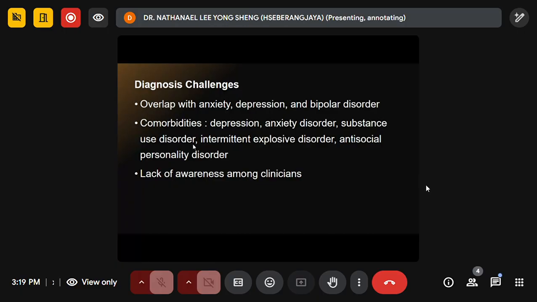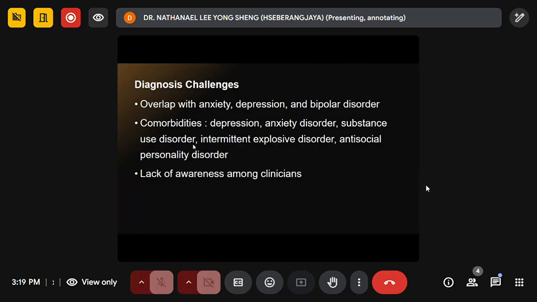So you can see how complicated this is. They might be mimicking another mental disorder. They might actually come together with some mental disorder. So hence it poses a challenge for diagnosis.